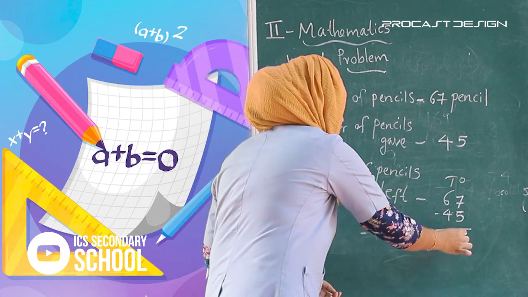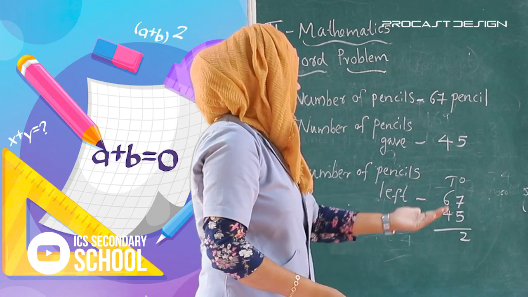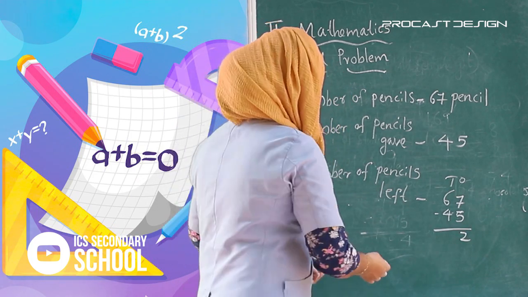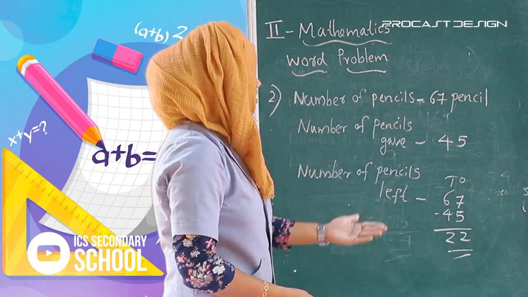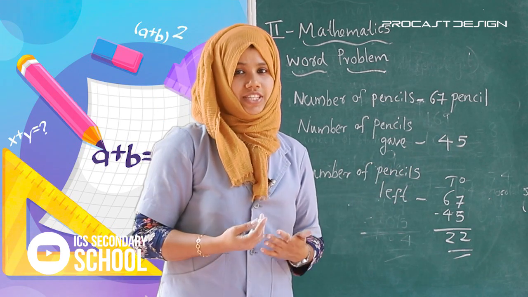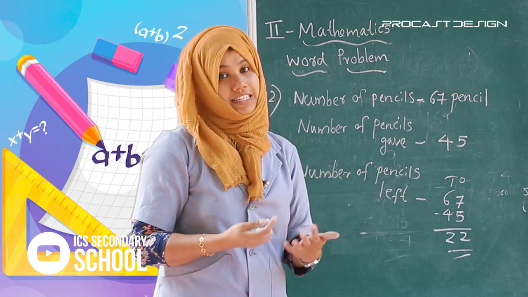Yes, it is 2. 6 minus 4 is 2. So, 22 pencils are left. Here is the answer. We already learned how to check the answer. We have to check whether it is correct or not.